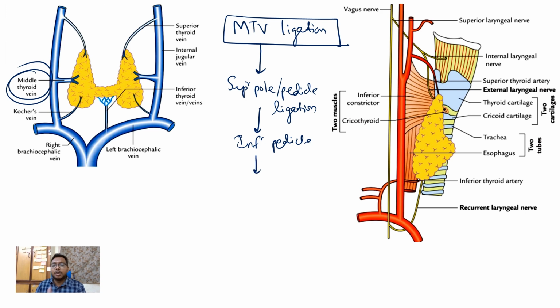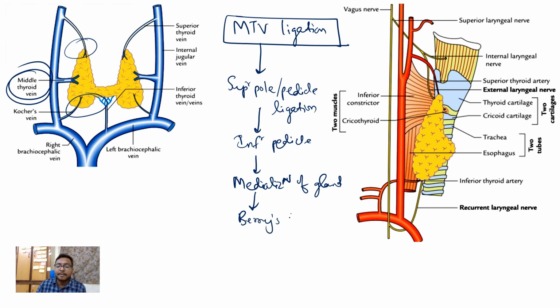Once you deal with the superior pole and inferior pole, the next important maneuver is to gently medialize the gland, where you encounter something called Berry's ligament.